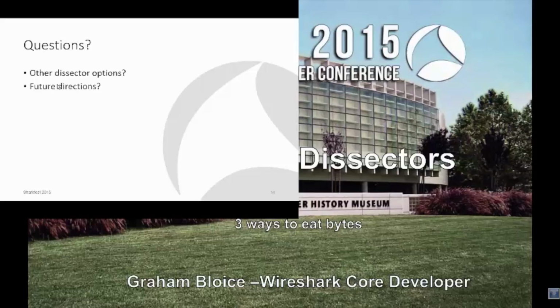I suppose we could hook into HTTP the same way that you hooked into TCP as well. HTTP has a sub-dissector for MIME media types or things like that. So if you're using that as your bearer protocol, as it were, then you hook in those ways. The obvious awkward one is if your protocol runs on a well-known port for something else, like you really want to use port 80, then you are going to have to disable the HTTP dissector.